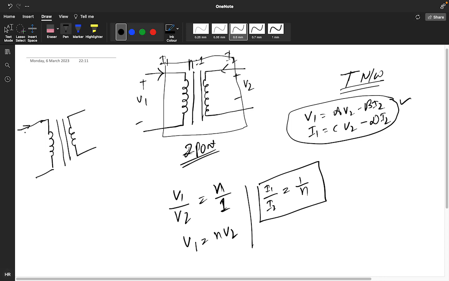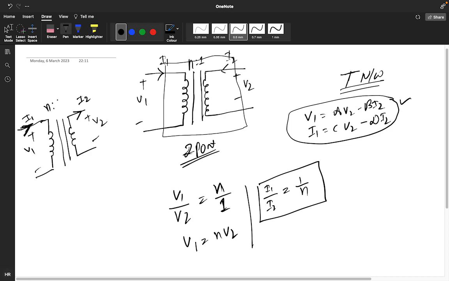If the I1 current is coming in from this side, there will be some dot polarity, which we'll discuss in machines, but right now you have to remember it like this. If I2 current is leaving like this, this is positive-negative V1, and this is positive-negative V2.